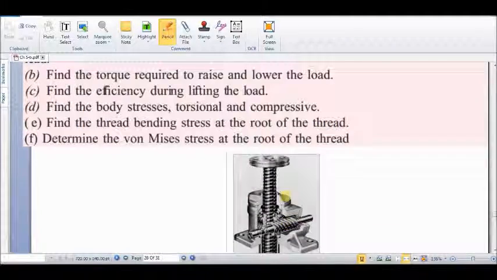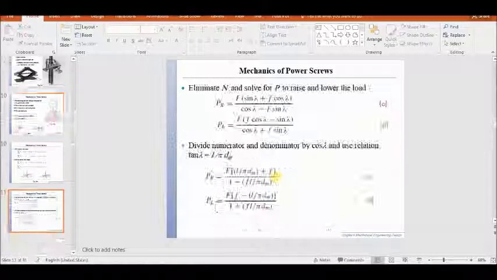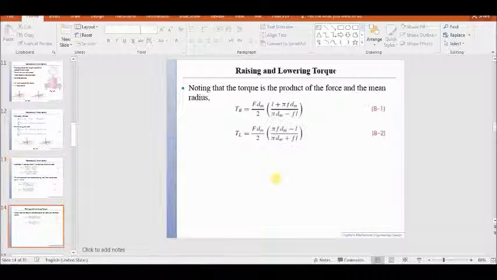In part B, we are required to find the torque to raise and lower the load. To find the torque required to raise and lower the load, we can use these two equations, 8.1 and 8.2. R stands for raising and L stands for lowering the load.